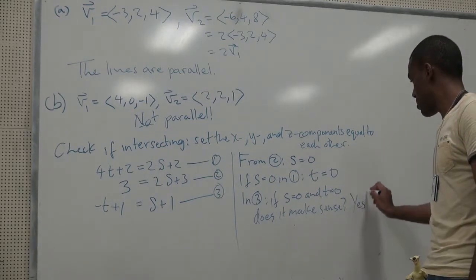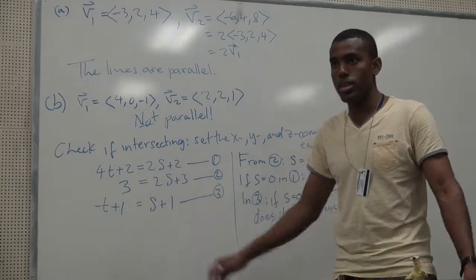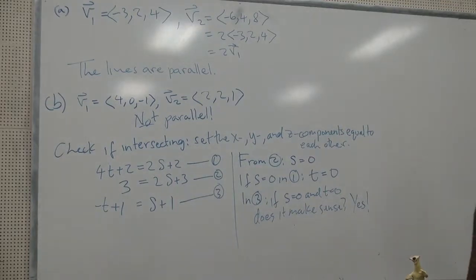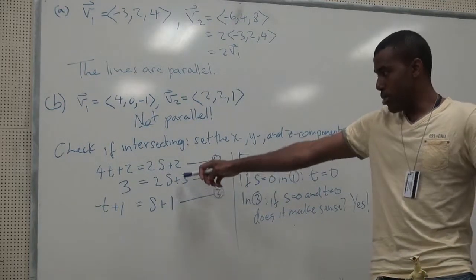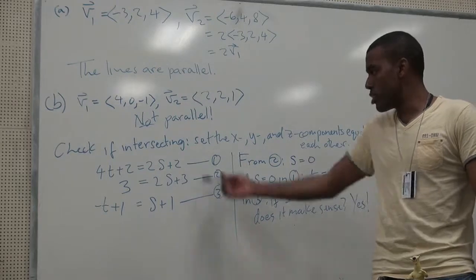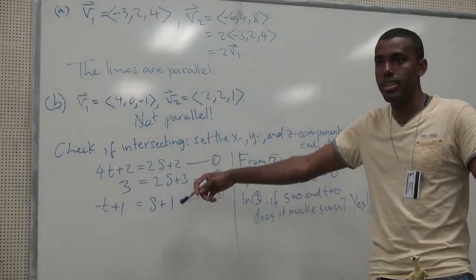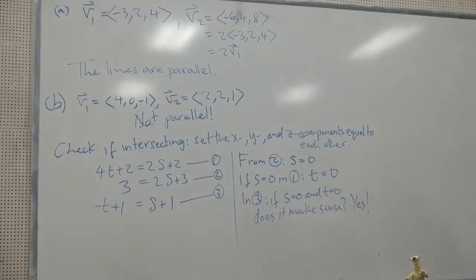Yes, because then you just get 1 equals 1, which is true. So the idea is, if you have only 2 unknowns and 3 equations, you solve in one pair and then check that the solution works in the third. And so, yes, it will actually intersect.